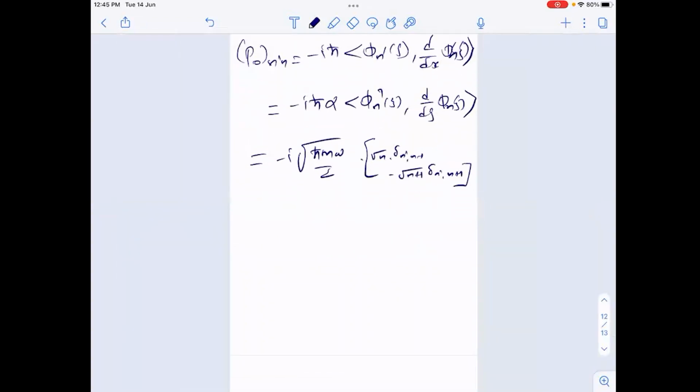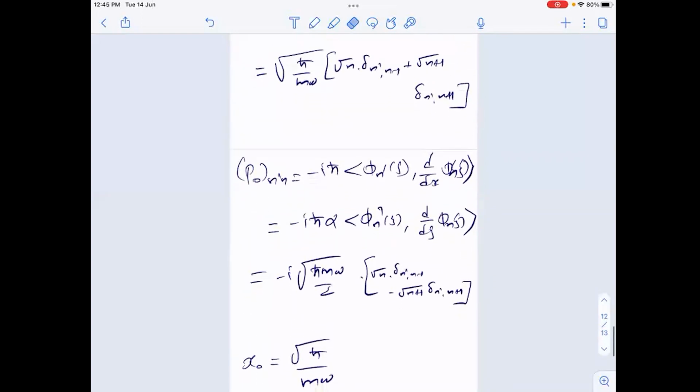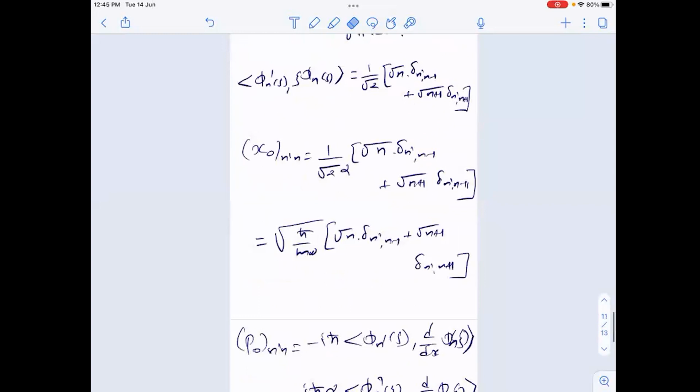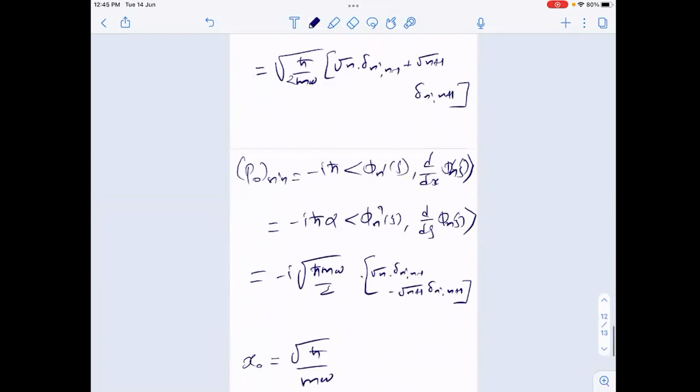They will be like this. x0 will be under root h cut upon m omega. I should have written it just below the equation, but let me just scroll down, right? Here. Okay. Oh, I missed the 2 over here from the equation. Root 2 is there, right? Fine.